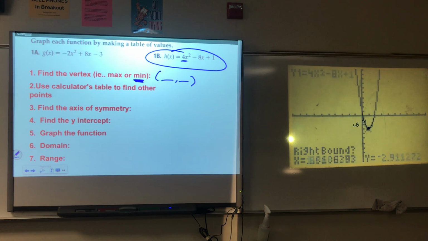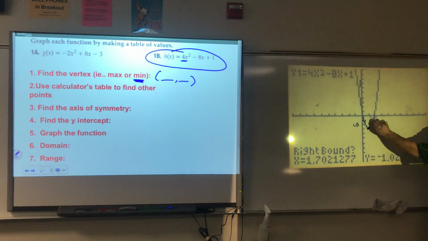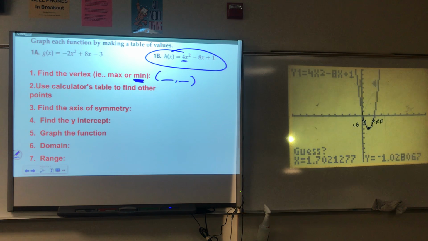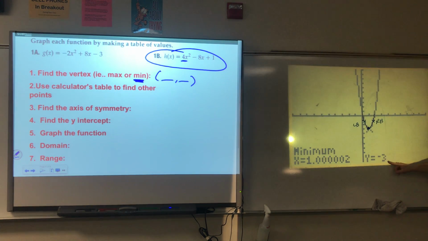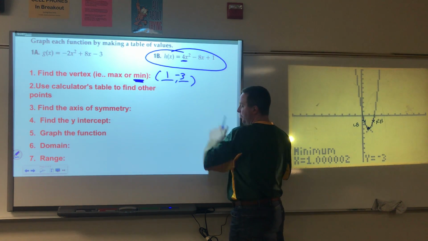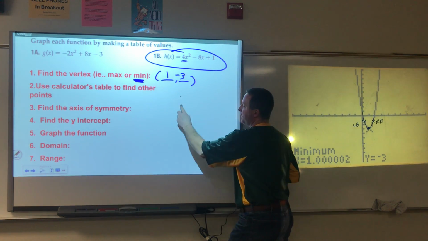For the right bound, I click over to the other side a click or two, and the right bound is going to be on this side, obviously. I press enter. Then I go down to guess, down here at the bottom, as close as I can, and press enter again. It tells me my minimum is 1, negative 3. That's my vertex for the graph.